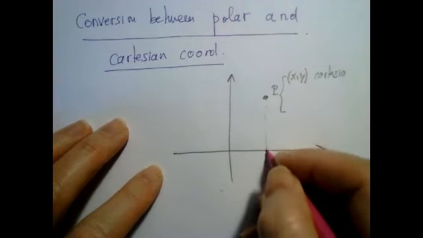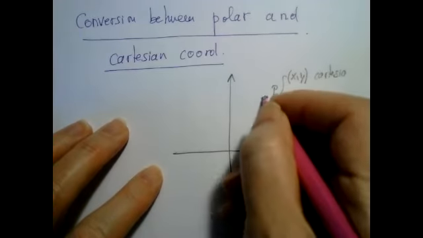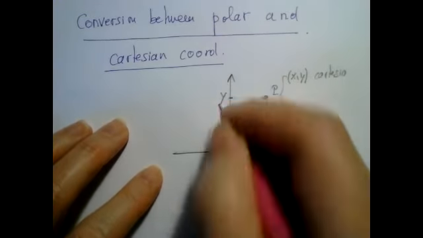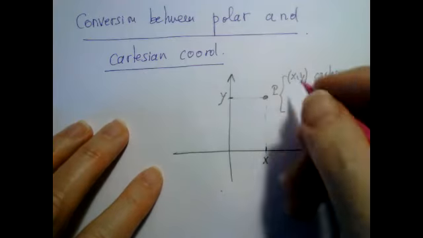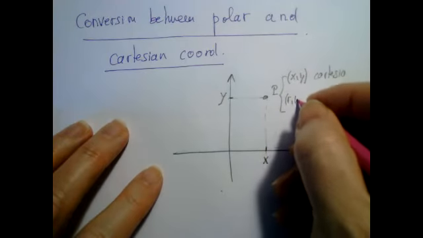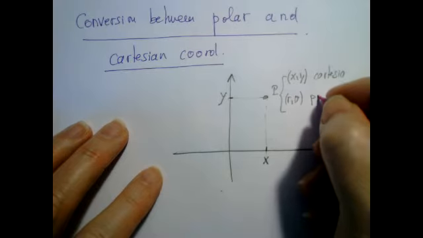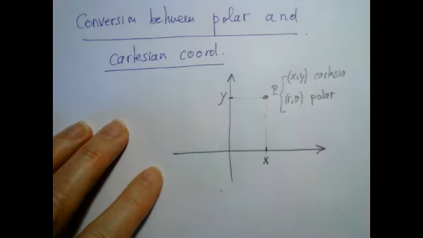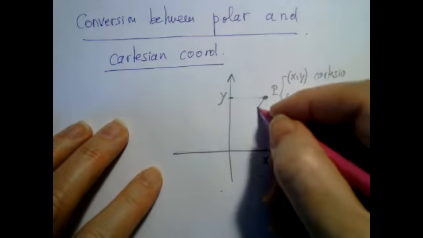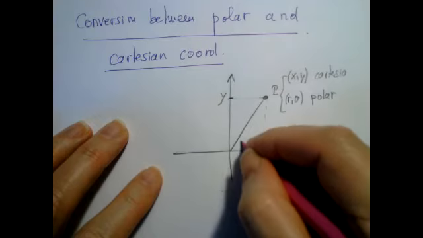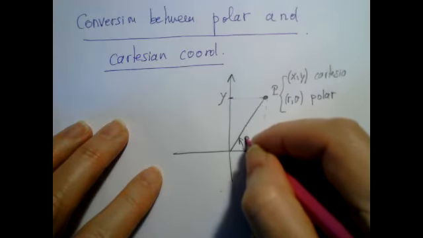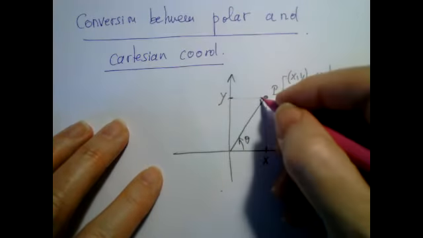So this is my x, this is my y, and the point has another set of coordinates, the r theta, which are the polar. And now the question is, so polar, it means this is my theta, and this is my r.